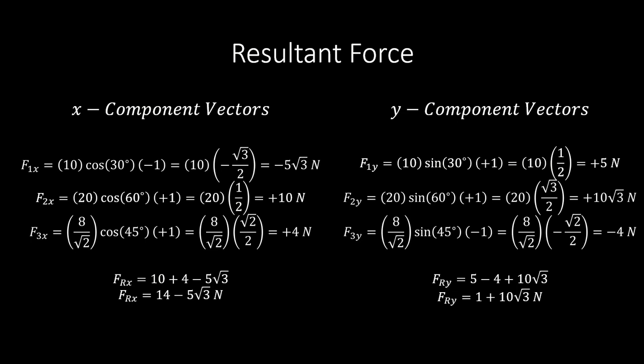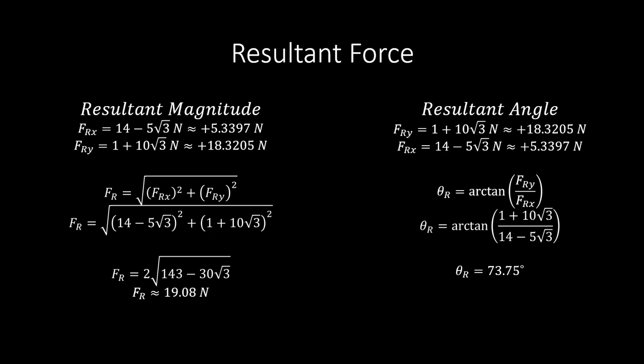As best as possible, it's good to have the exact value and not round these to decimals, unless you want to, say, round them to 3, 4, 5 decimal places. So for the resultant force, we already calculated that F sub Rx is 14 minus 5 square root of 3. Just to give some reference, that's about positive 5.3397 newtons.